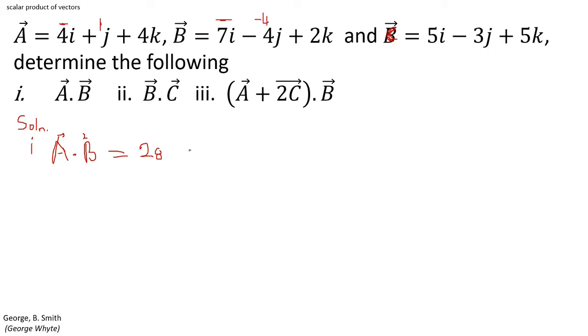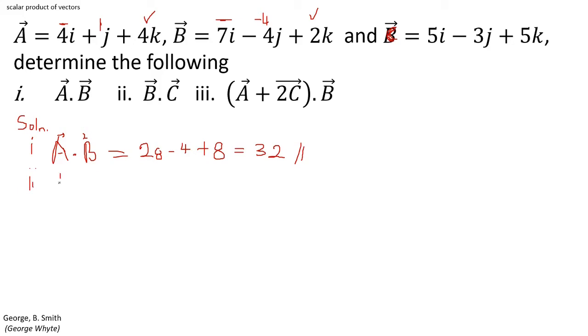So 1 times minus 4 will give us minus 4. And in the last case we have 4, and what we have here is 2. So 4 times 2 will give you 8. When you add these things up, 28 minus 4 will give us 24, and 24 plus 8 will give you 32. So the result for the first case is 32. You can see how simple that is. Very simple. Within seconds we're already done.